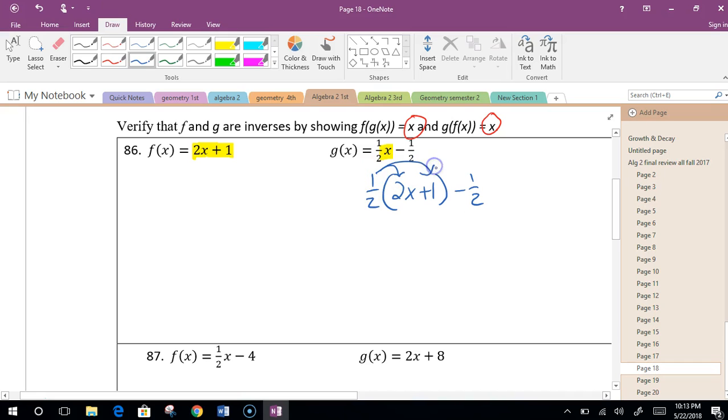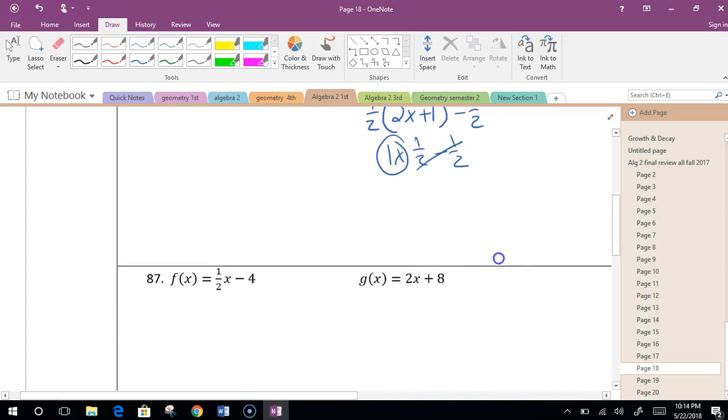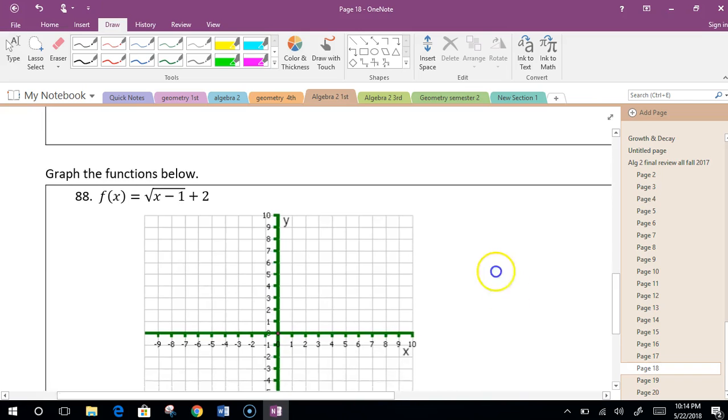If we distribute, half of 2 is 1x, half of 1 is 1/2, minus 1/2. Those cancel out and just leaves me with x. It would be the same way if you plugged the g equation into the f equation. But again, I wouldn't worry so much about those.